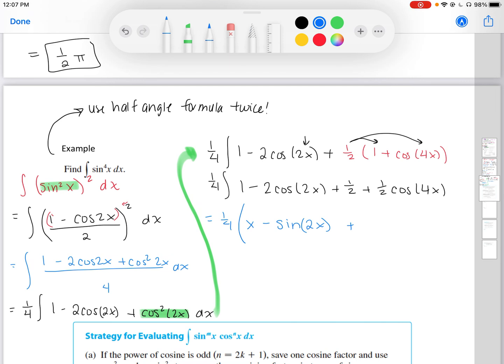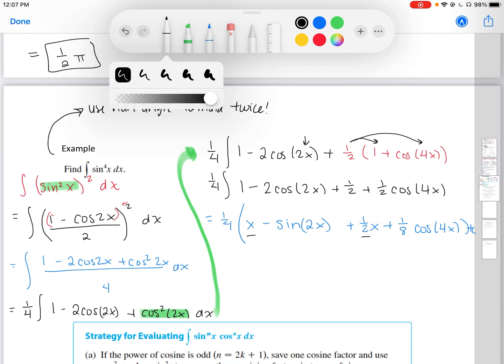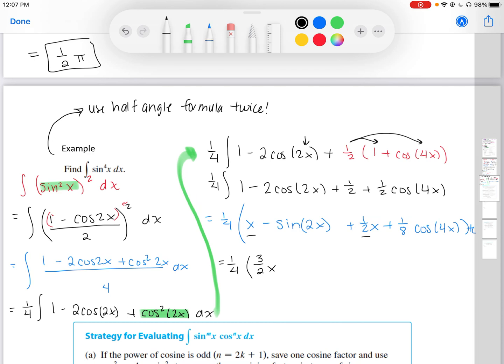Plus, we have 1/2 x plus, u sub again, 1/8 sine of 4x plus c. We can go ahead and combine those like terms, and we get 1/4 times 3/2 x minus sine of 2x plus 1/8 sine 4x plus c.